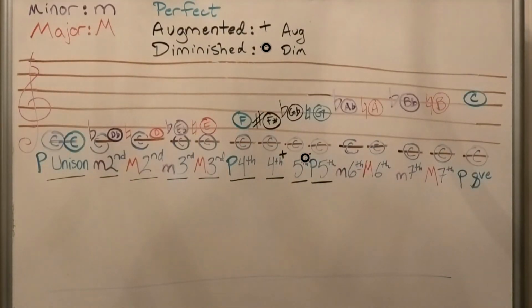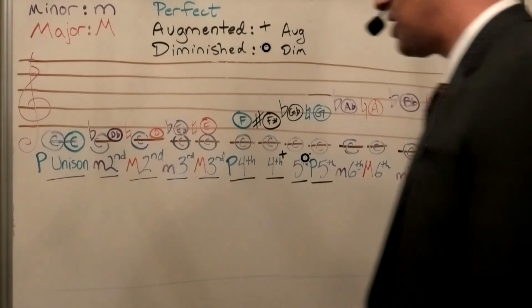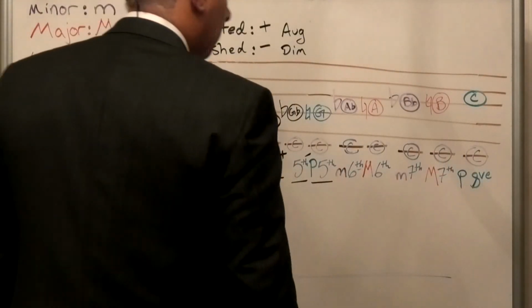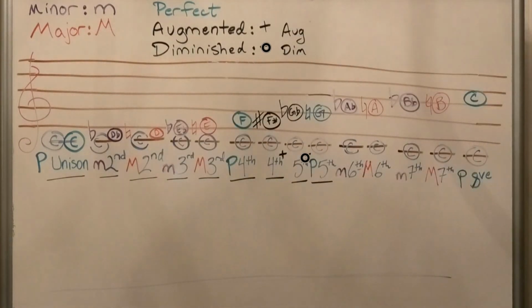So after that, if you do a minor ninth, that's really, if you bring this D flat down an octave, it's a minor second. So a minor ninth is really a minor second. A minor tenth is a minor third. A major tenth is a major third.